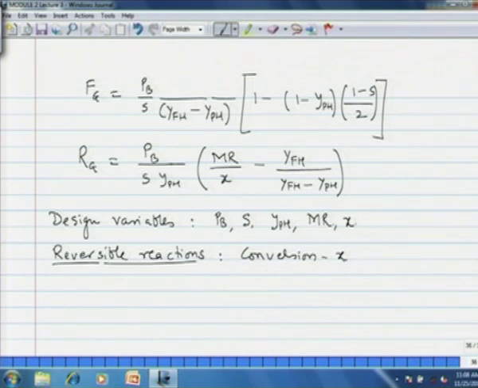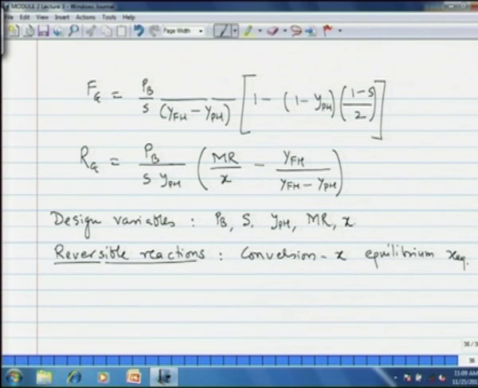Now for a reversible reaction, conversion X and equilibrium conversion XEQ are the main variables. Now how should we decide how much the conversion should be? There are no thumb rules available. Okay. However, a good guess would be that X equal to 0.96 or maybe 0.98 XEQ, that we are approaching equilibrium conversion to the maximum extent.